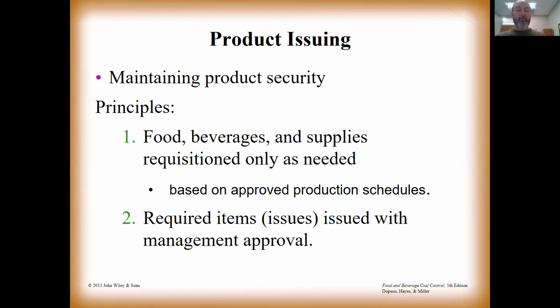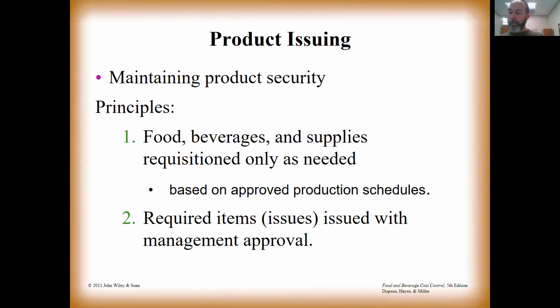And any system needs to follow some ground rules, and these are the ground rules for the system we would put in place. It can look a lot of different ways, but it needs to follow these basic principles. First and foremost, we want to make sure that anything coming out of storage has been approved by the manager as needed to be implemented that day.